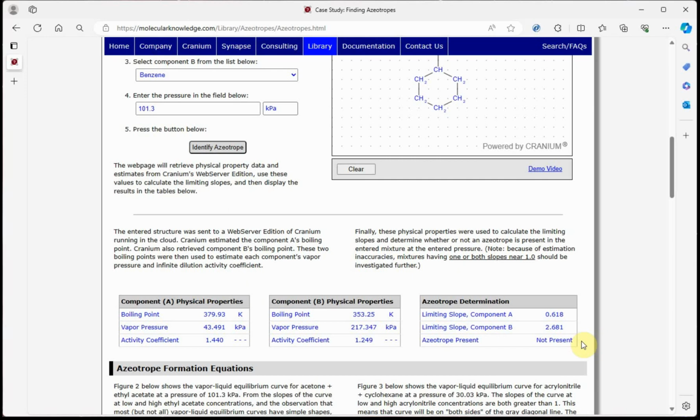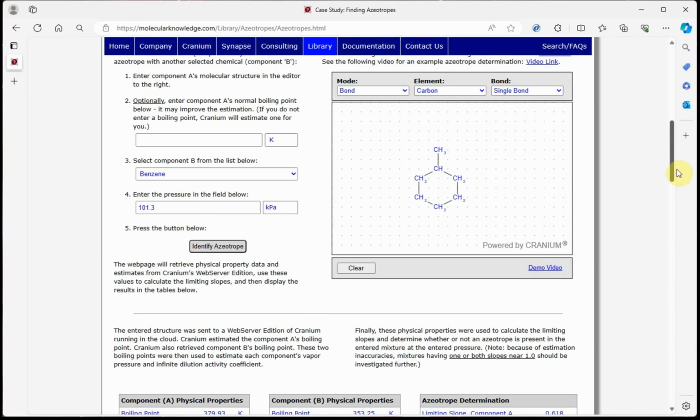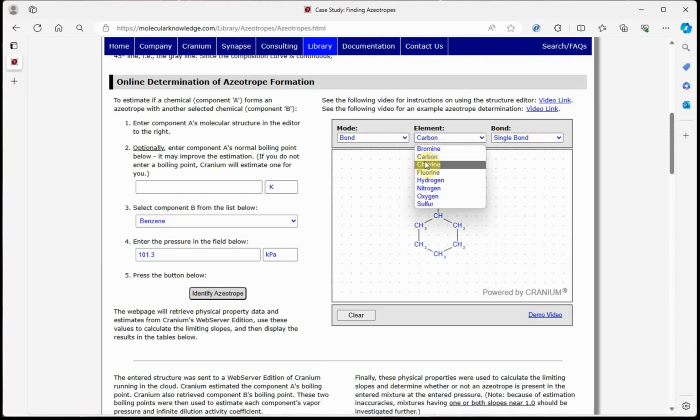As a final example, we again scroll up to the structure editor and add fluorines to our methyl group. We add 3 fluorine atoms and bond those with single bonds to our methyl group.